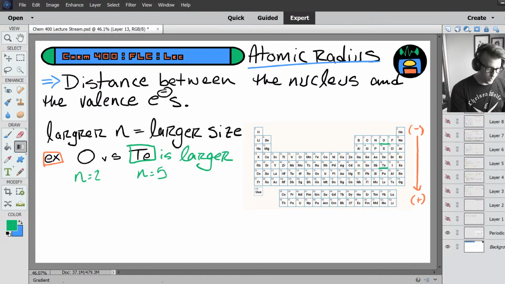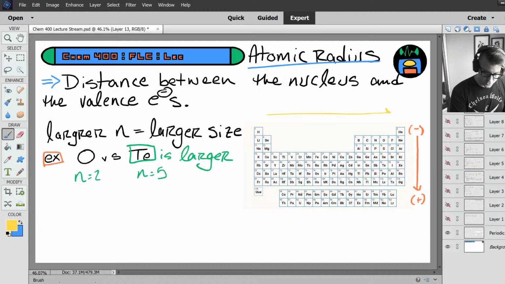All right? Where things get a little trickier is as you move across the periodic table, from the right to the left. Now this one can be a little confusing for students.